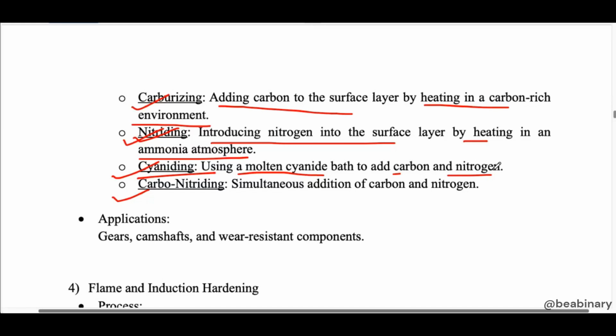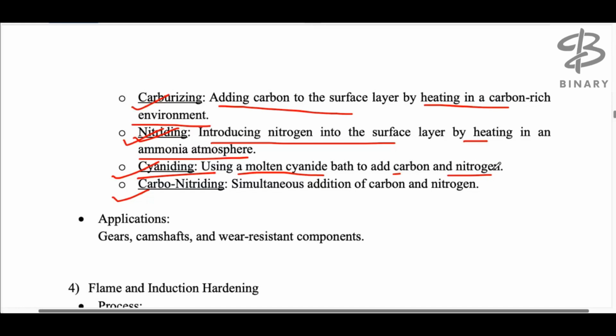If you require more hardness, then it is better to go with the cyaniding process, where we can attach nitrogen and carbon molecules over the surface of the material or steel. That's why the hardness increases, and inside the material, the core remains the same. Only the outer surface will have the addition of carbon atoms and nitrogen atoms together.